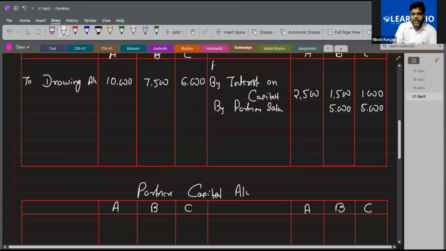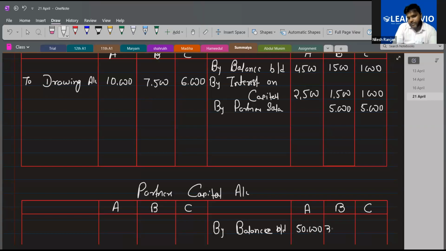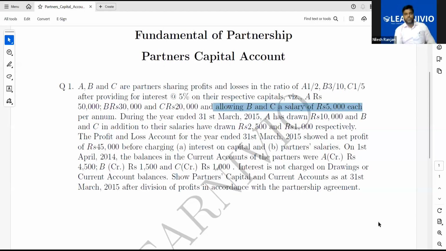So it is by balance b/d 4,500, 1,500 and 1,000. The balance of capital is also given in the question, by balance b/d. It is 50,000, 30,000 and 20,000. Done. All the information we have already used.